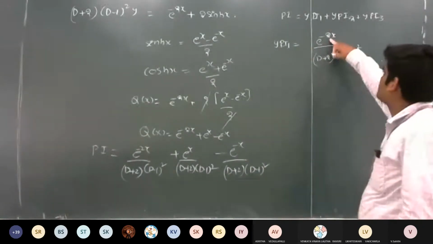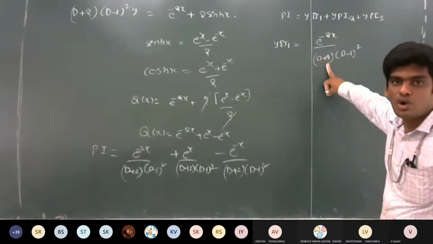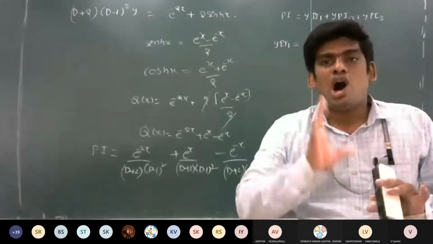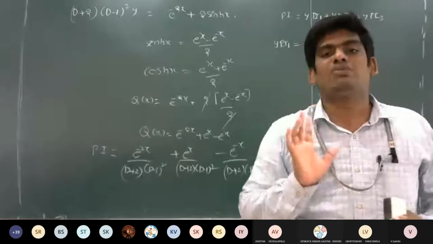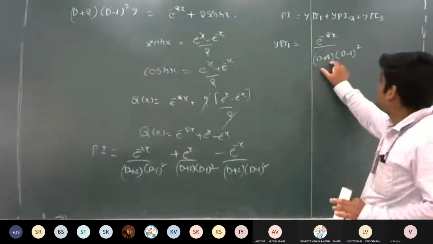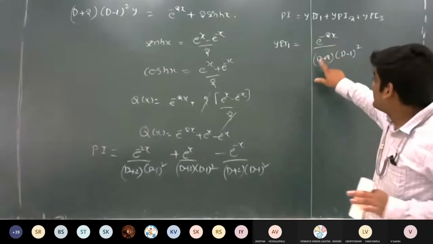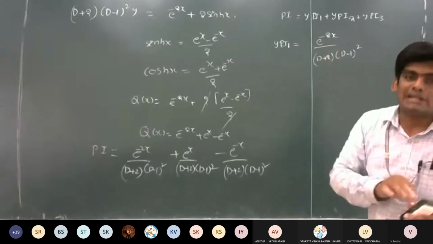Why? Because here we have minus 2, but if you replace D with minus 2, it becomes 0. So listen carefully. If it is a failure, observe how many times the root is repeated. Here (D plus 2) whole square means the root is repeated two times, and D plus 2 means the root is repeated one time.